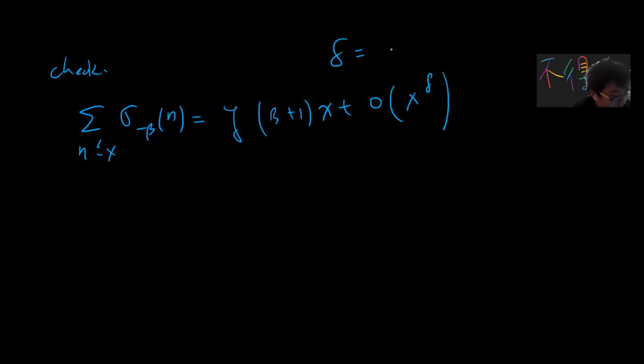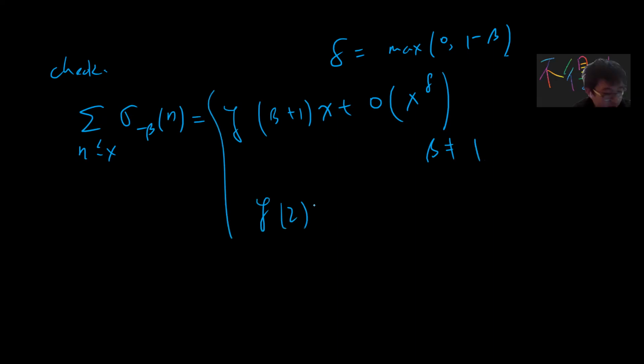Well, this delta is basically max of 0 and 1 minus beta, and beta is not equal to 1. This is the result, and also zeta of 2 times x plus O of log x if beta equals 1.